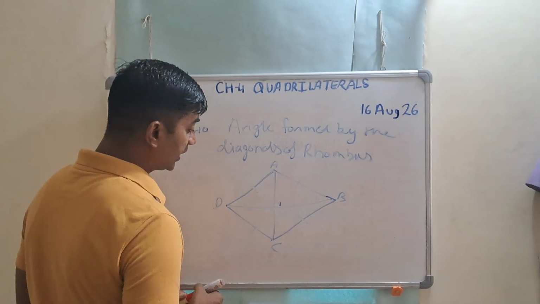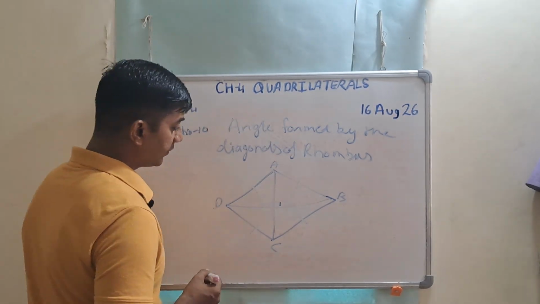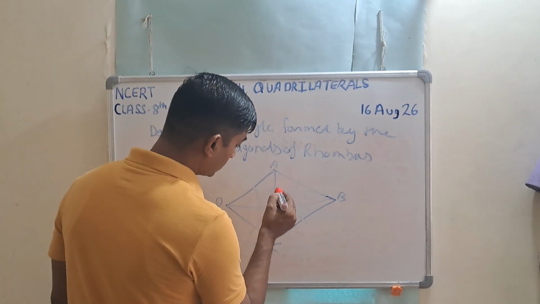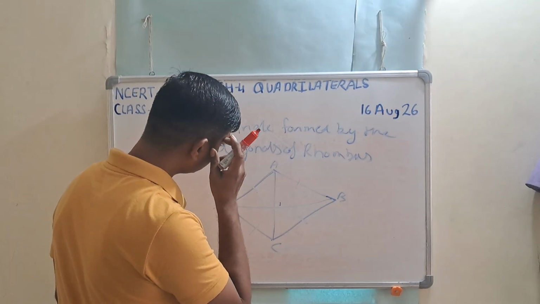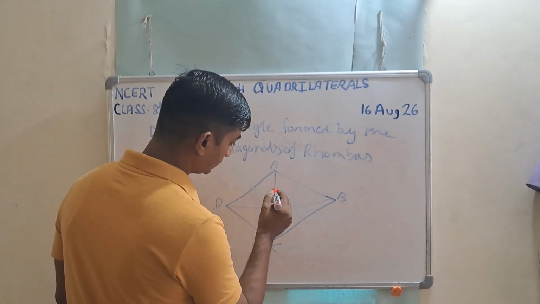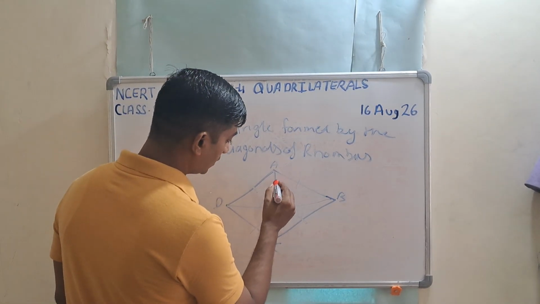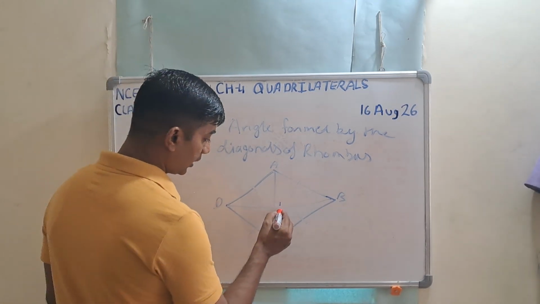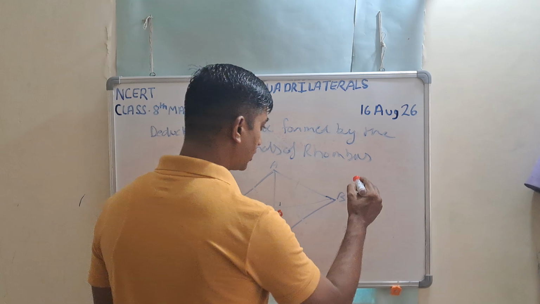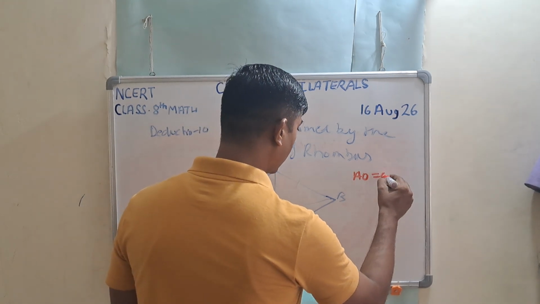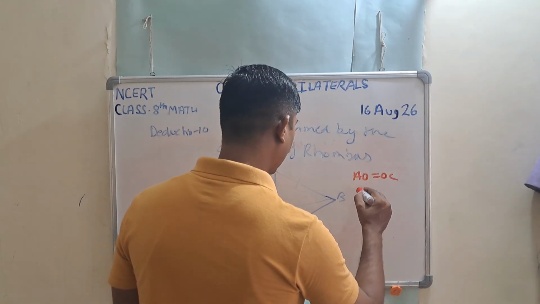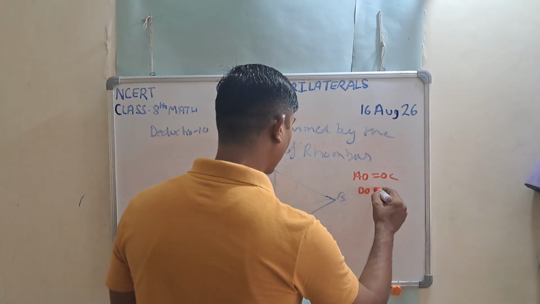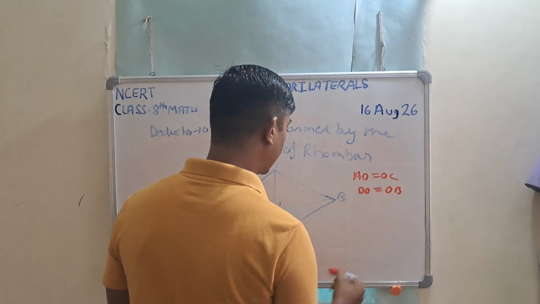And also we have proved that diagonals are bisecting each other. Means if this is the point O, then AO is equal to OC and DO is equal to OB, that we know.